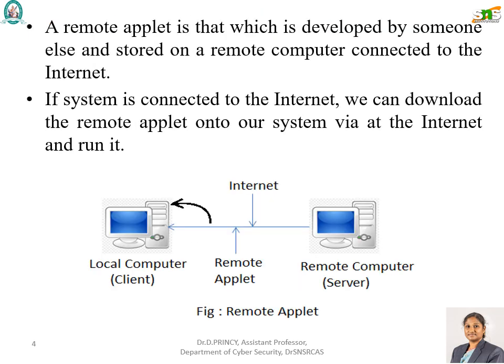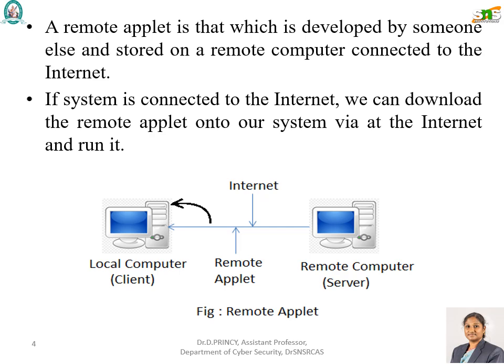Remote applets are developed in a remote system and also stored in a remote computer which is connected to the internet. When the system is connected to the internet, we can download the remote applet into our local system and it can be run on the internet.